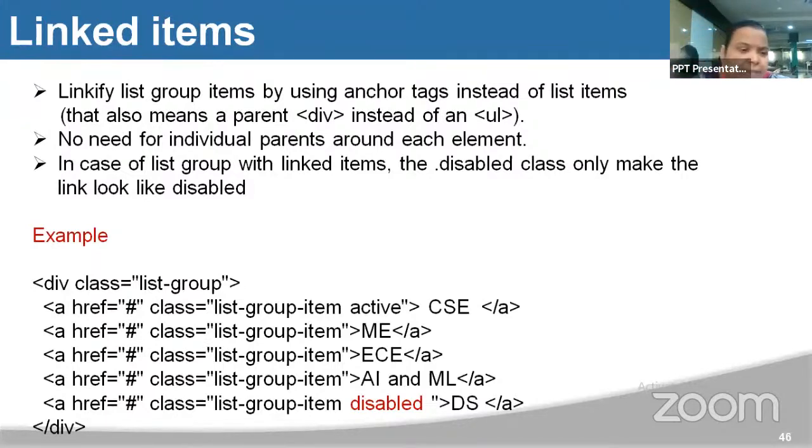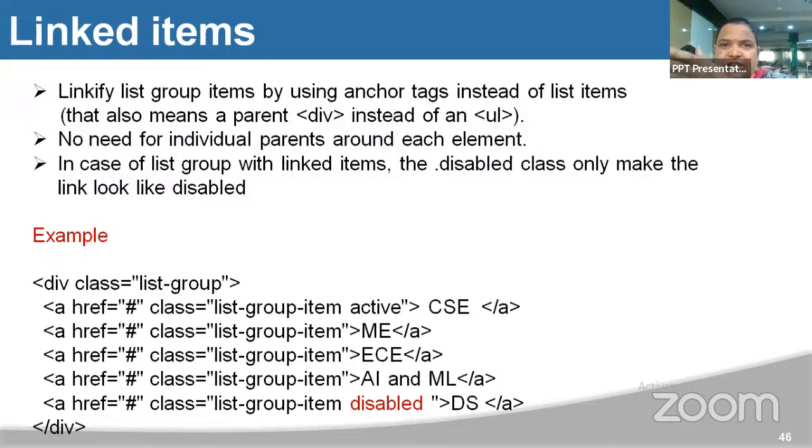The link is applicable. So, for example, div class is equal to list group. This is the start of the list group, and then href is applicable for the anchor. Okay, no need for the representation of UL and LI tags. UL means unordered list, and here LI.